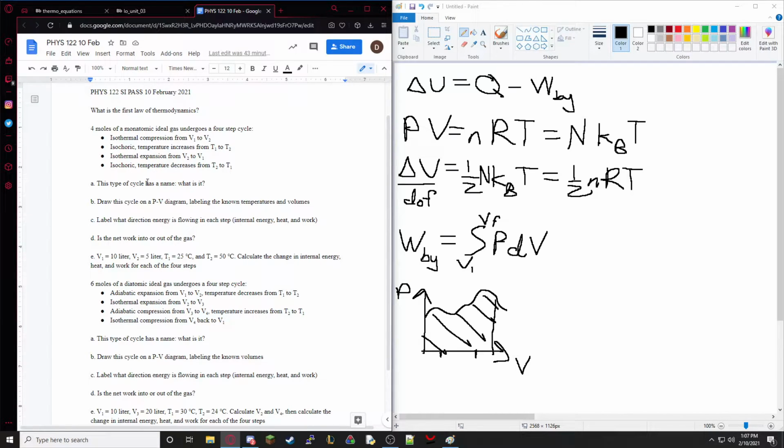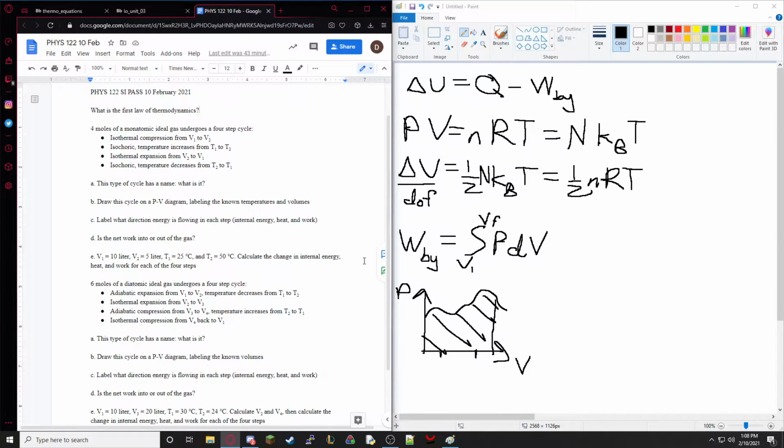So first thing, does anyone know what this cycle is called? It has a name. We have isothermal and isochoric processes. For example, we have the Carnot cycle, and then the other main cycle you have to know for this class.